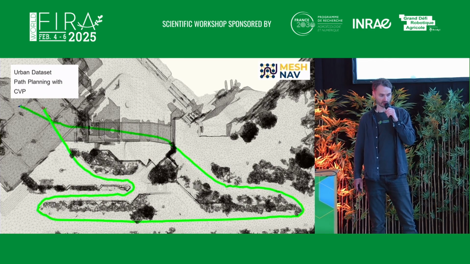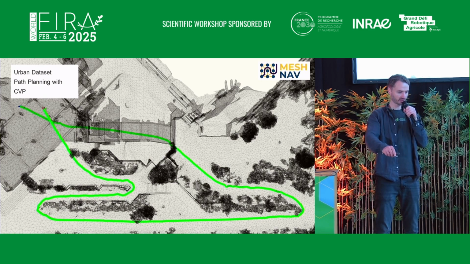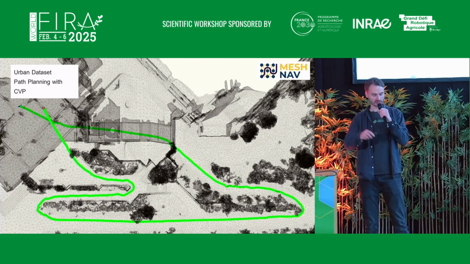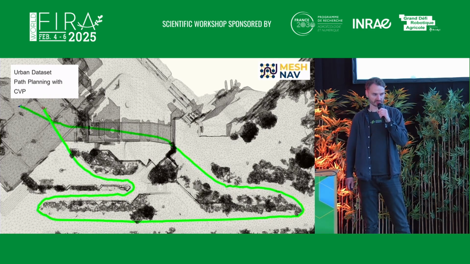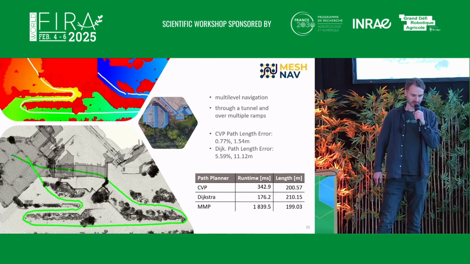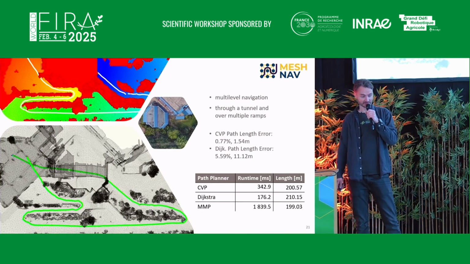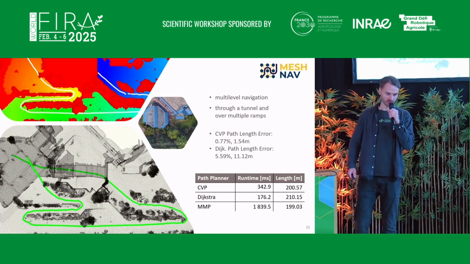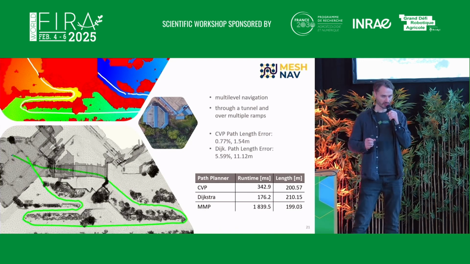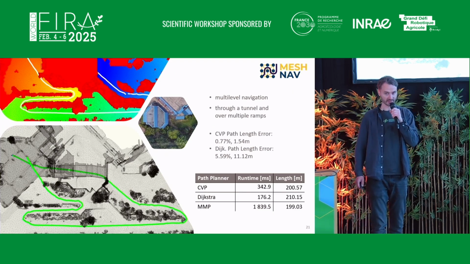We can compute a path from the lower level, from the parking garage through the tunnel, along the ramps to the upper level in under a second with the continuous vector field planner. Seeing some results compared to Dijkstra, we are actually much better in terms of the length of the path, and compared to the exact shortest path, we get almost the same length as MMP.